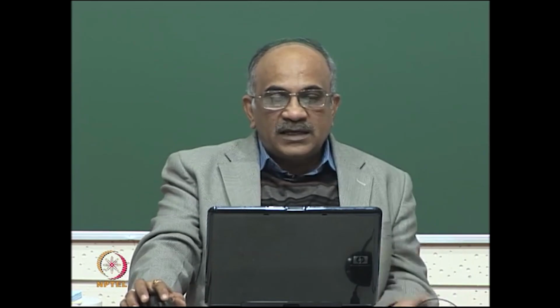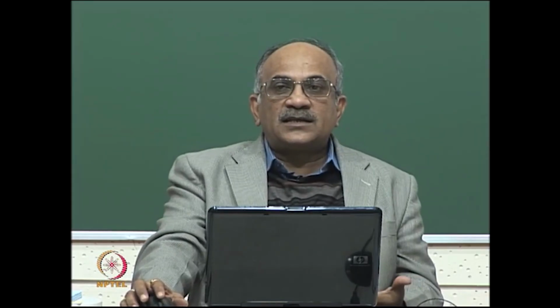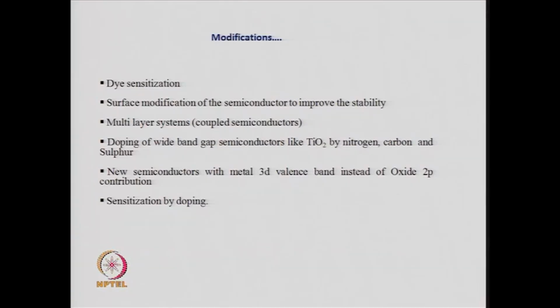Dye can normally be an organic dye. So, these are organic molecules which can help in electron transfer. That is used in certain cases where you can sensitize a semiconductor using a dye, which is basically an organic molecule. Then you can do surface modification of the semiconductor to improve its stability.